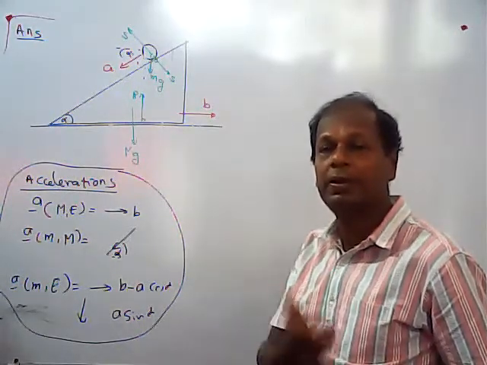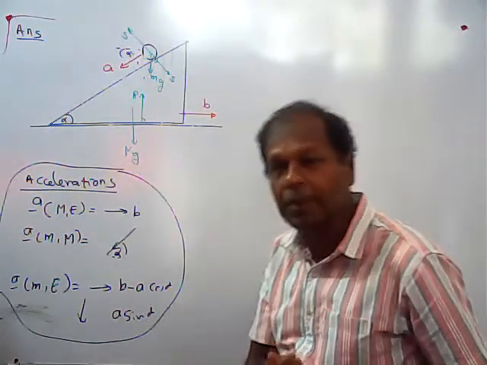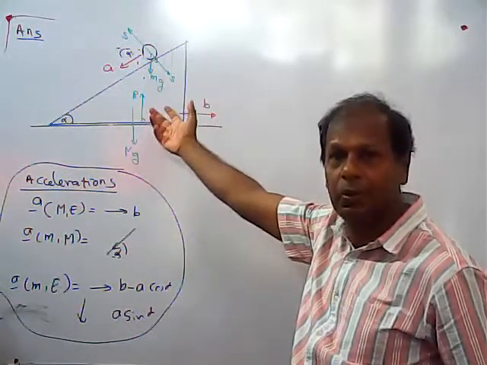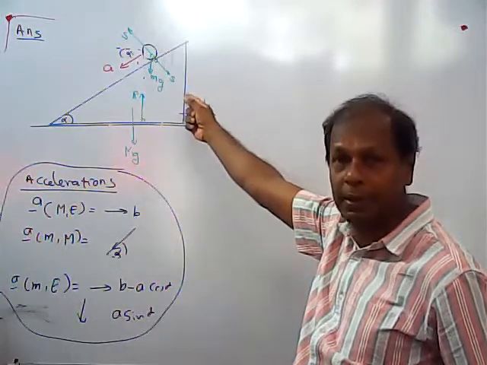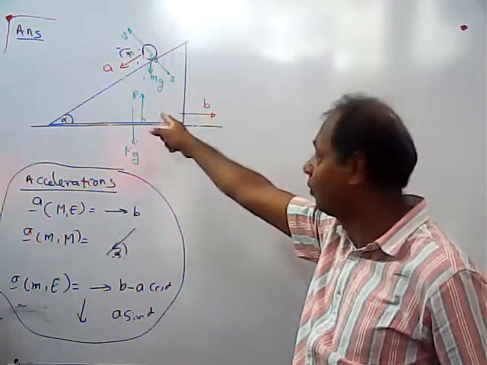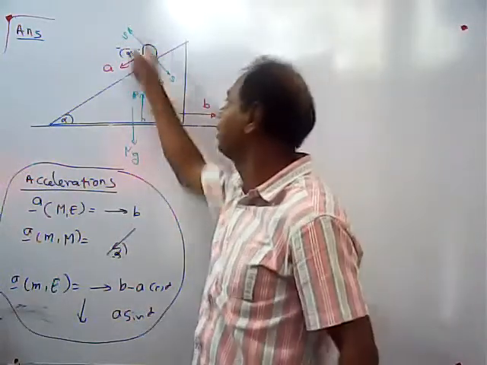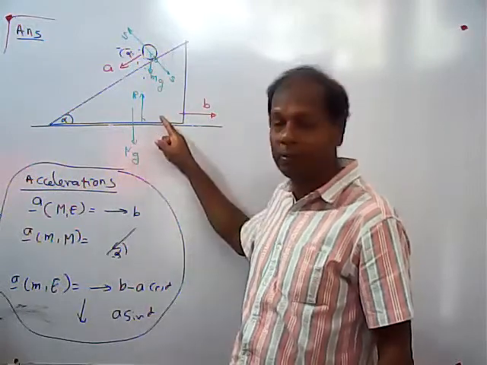To minimize the unknowns, as Ravindra says, we can take the whole system. Then at least S will not be there. S will not be there if you consider the whole system, because these two S will cancel each other, but R will be there.